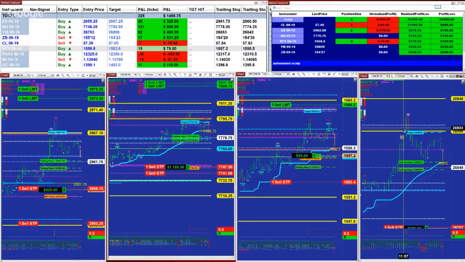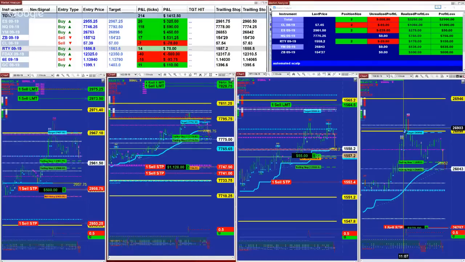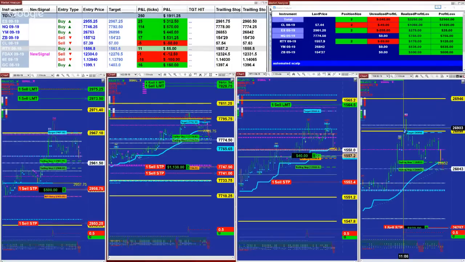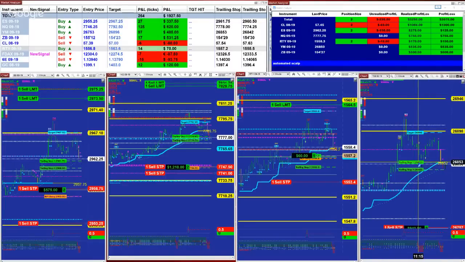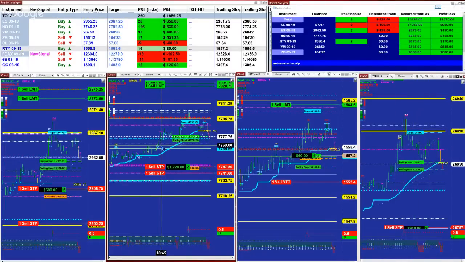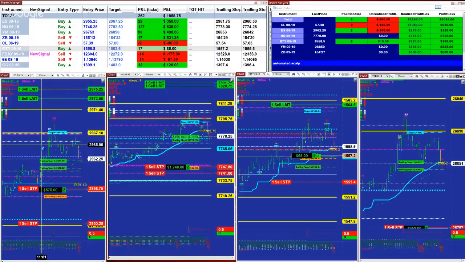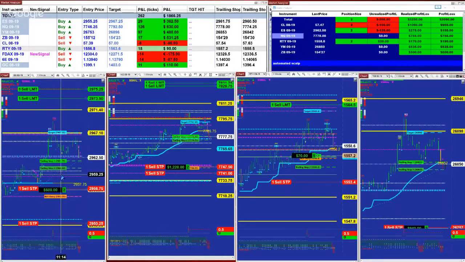So is this party over to the short side? No, it's not. It's a pullback. There is no short, not at the moment. This is the most critical area on the Russell, on the YM, on the Nasdaq, and on the ES. We have a new signal on the DAX, sell 304, target 2715.